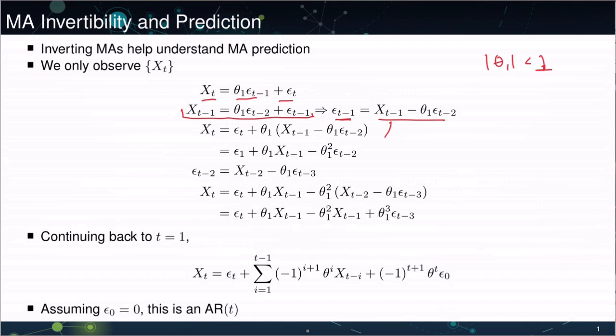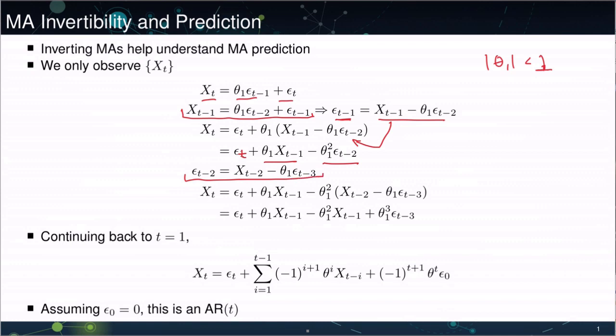We then plug in for epsilon t minus 1. And we see when we go one step back, we get epsilon t plus theta 1 x t minus 1. So now we have an AR(1), and we have theta 1 squared times epsilon t minus 2. We can do the exact same thing for epsilon t minus 2.